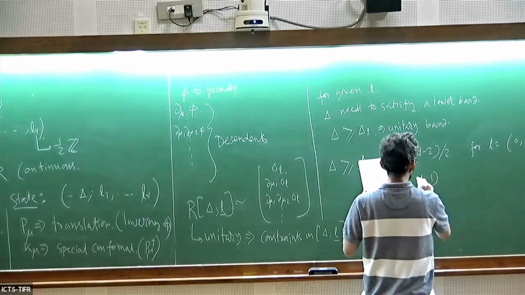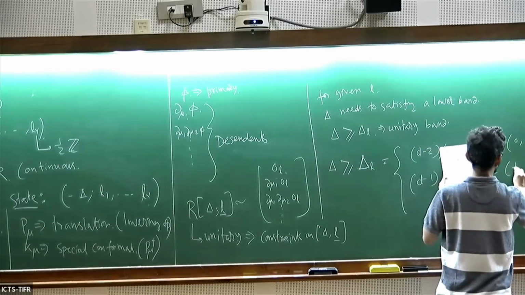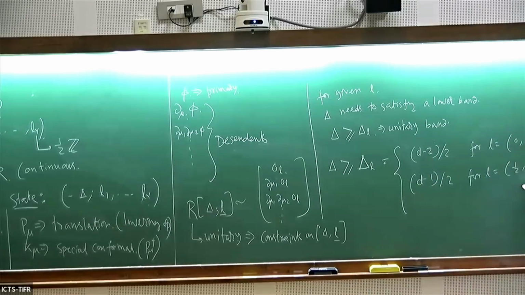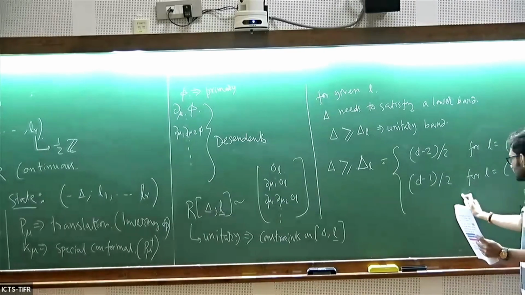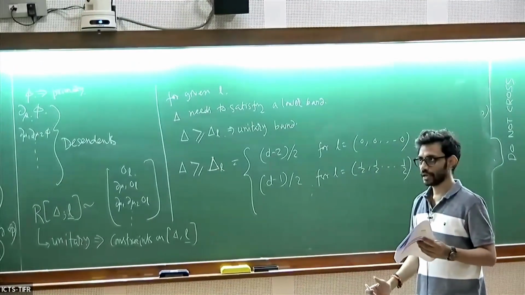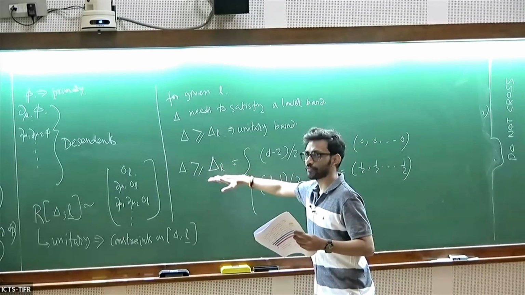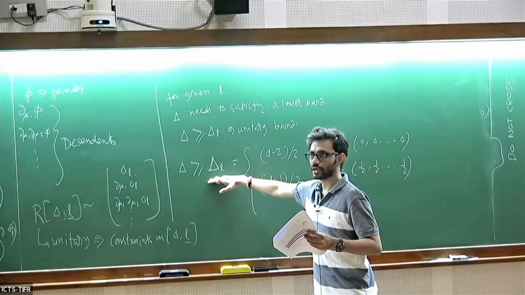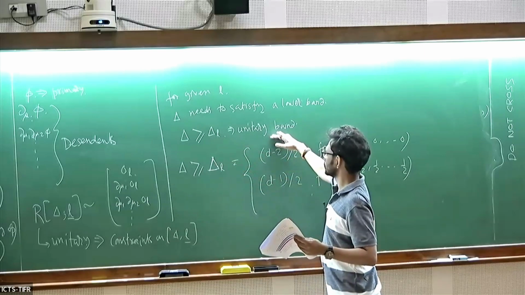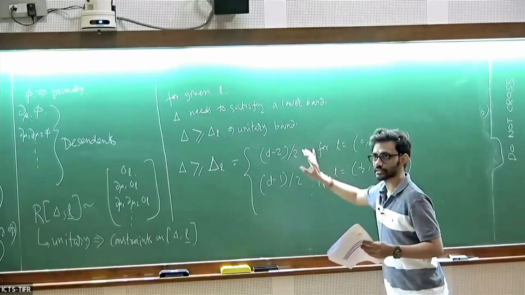Or you have (d minus 1) by 2 for L equal to half, which is for the fermions. Similarly, you can define this for other higher spin states. So delta L is the lower value, which is saturated for these unitary states, for given L.